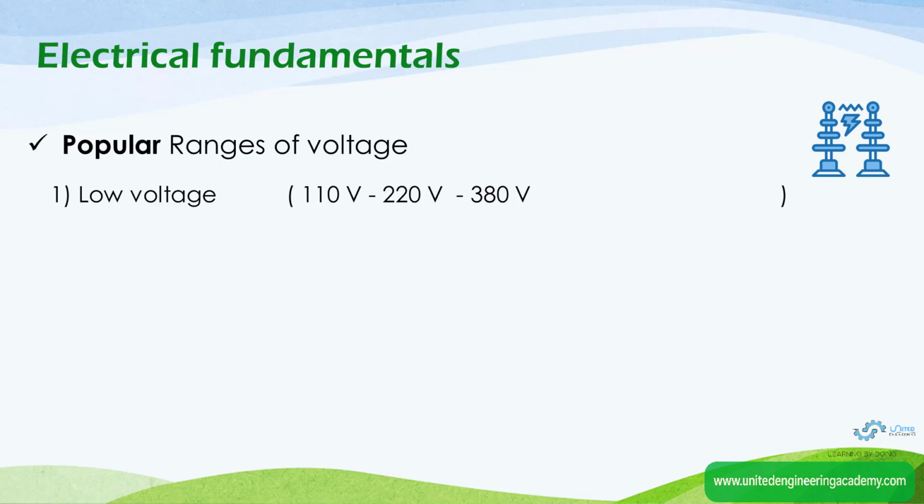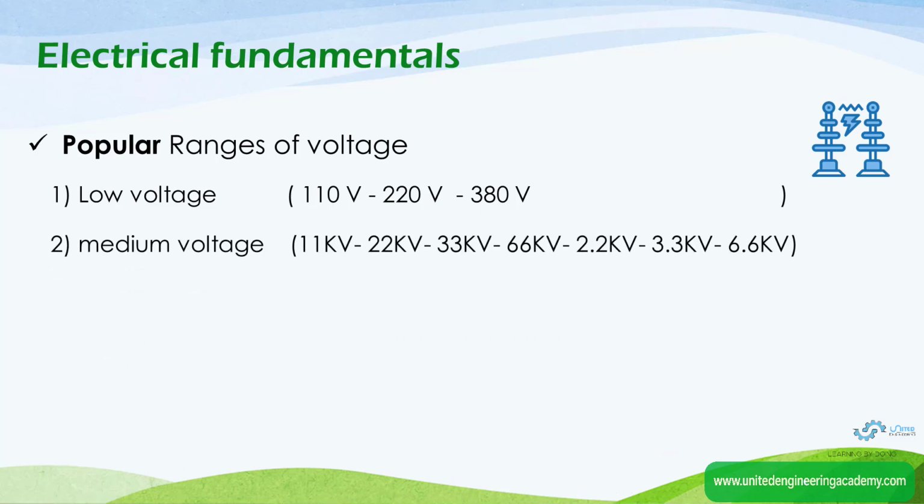Those are some standard values of the voltage that are used in our homes for the appliances to work on according to the American standards or the British standard. Also, the popular values of the medium voltage zone are 11 kilovolts, 22, 33, 66, 2.2, also 3.3 and 6.6.